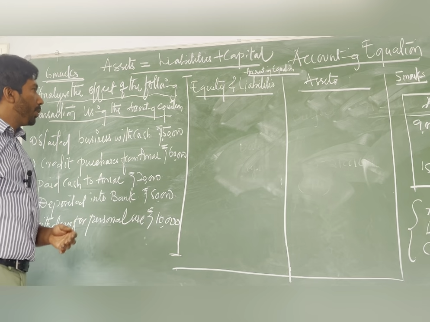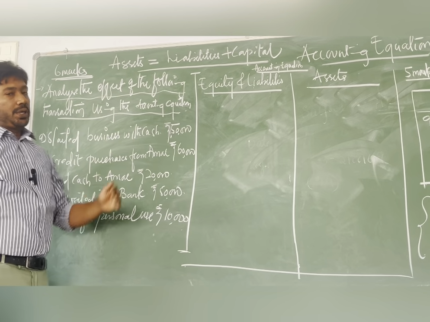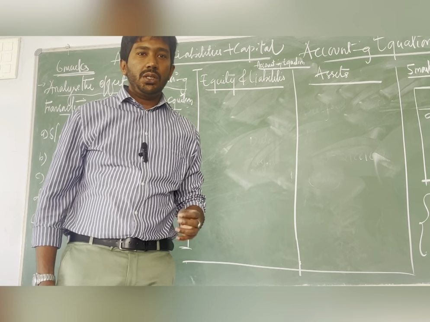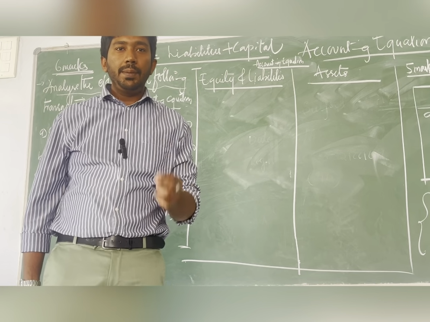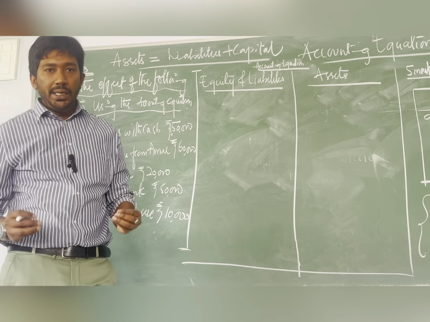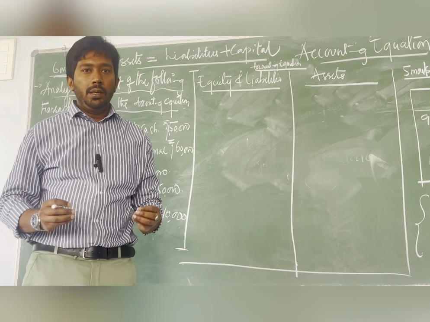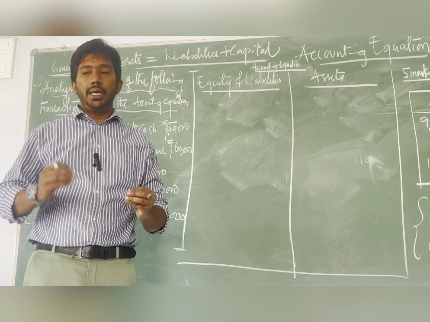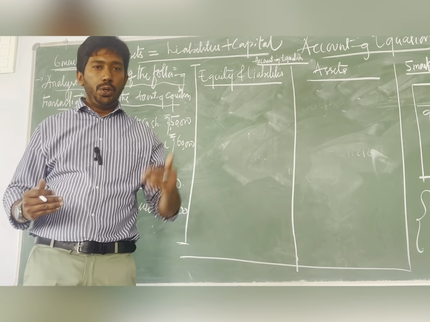Okay, so let's get started. The accounting equation says that assets are equal to liabilities and capital. The balance sheet of a company is based on this equation, wherein the simple meaning is one side is equal to the other side.